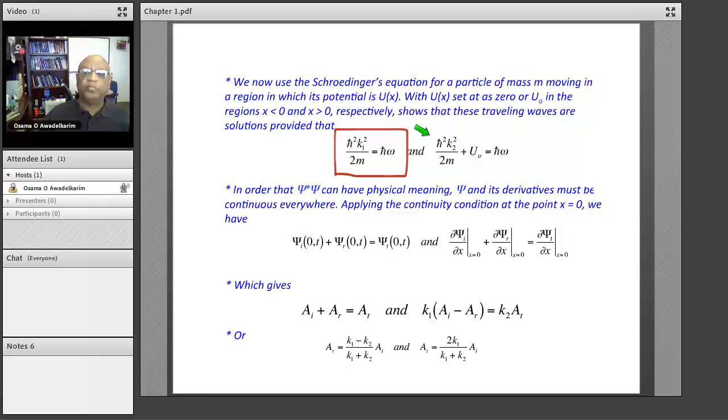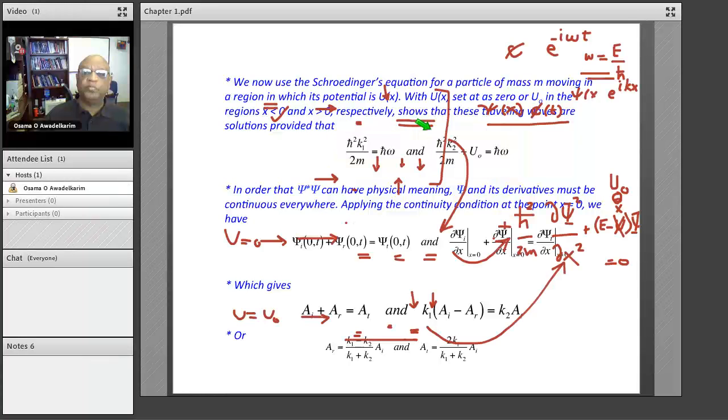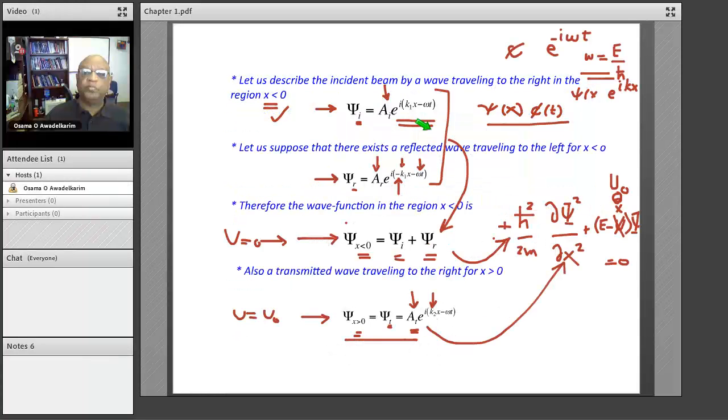So in summary, what I'm doing here is I'm assuming two solutions: a left-hand side solution for x less than 0 and a right-hand side solution for x larger than 0, substituted in the Schrodinger equation for U equals 0 on the left-hand side and for U equals U naught on the right-hand side.